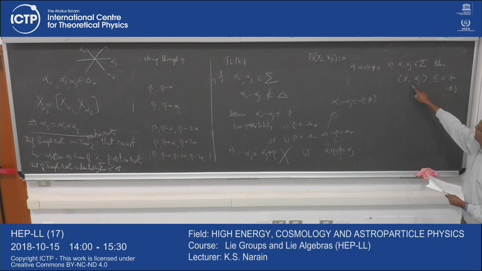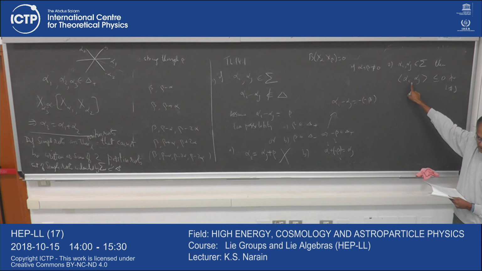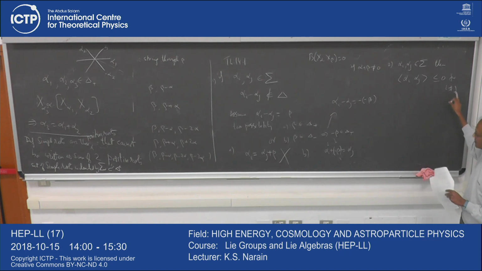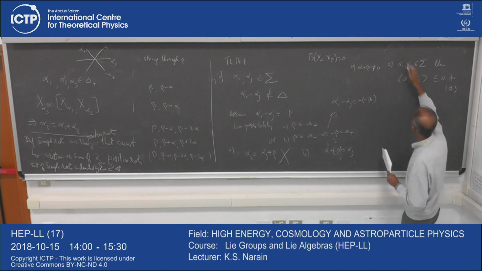Because for i equal to j, of course, this is a positive definite metric, right? So alpha i with itself will be positive. But the statement here is for not the same. These are different simple roots. So alpha i is not equal to alpha j.